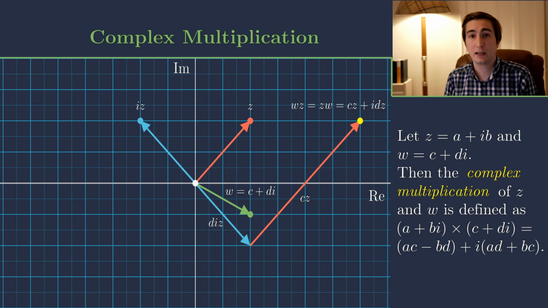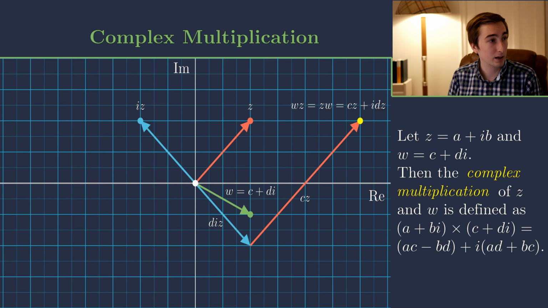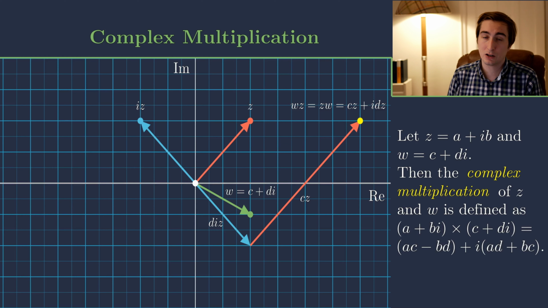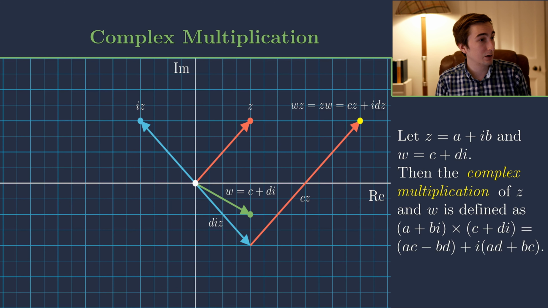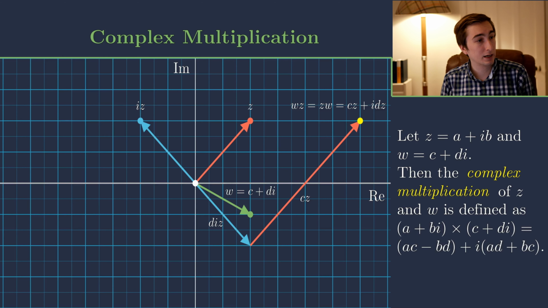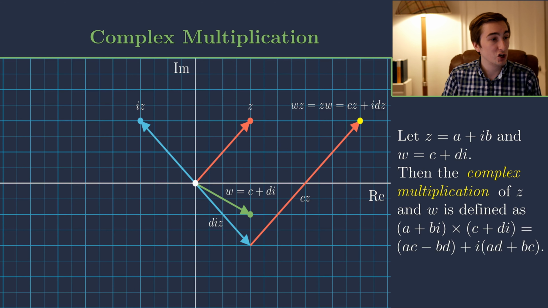If you substitute in z equals a plus ib into that expression that I derived above, and multiply out all the factors and combine together all the imaginary parts and real parts, you get exactly what I write down here, which is ac minus bd plus i times ad plus bc. And you might even realize that if you multiply these brackets out, that's the same as what you would normally do by multiplying brackets out for the real numbers, but just with the relation that i squared equals -1.